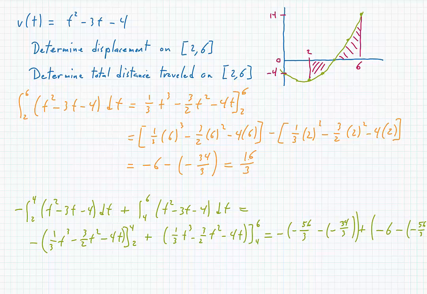That's good, that's what we want. To that, we're going to add negative 6 plus 56/3. And let's see what that gives me. I get a total distance of 20 units, whatever units we happen to be talking about in this case. So quite a difference in these two values here.